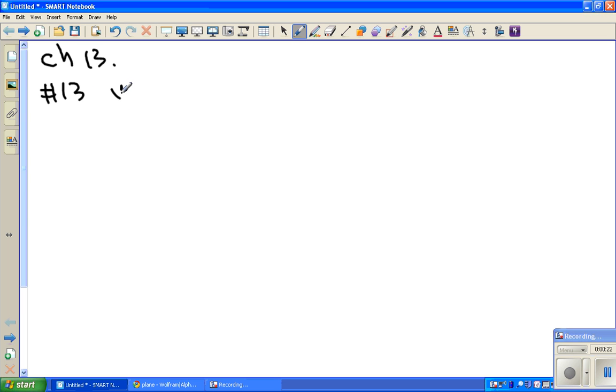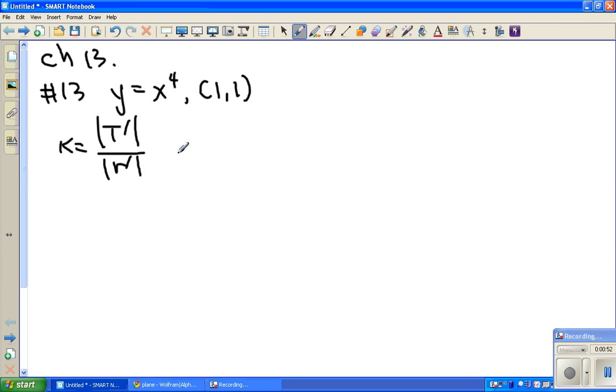there is a curve y equals x to the fourth power, with a point at (1, 1). What is the curvature at that particular point on that curve? Now, we know the curvature is equal to the magnitude of the derivative of the tangent vector over the magnitude of the derivative of the r vector.